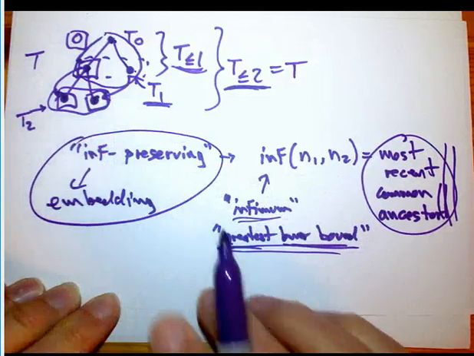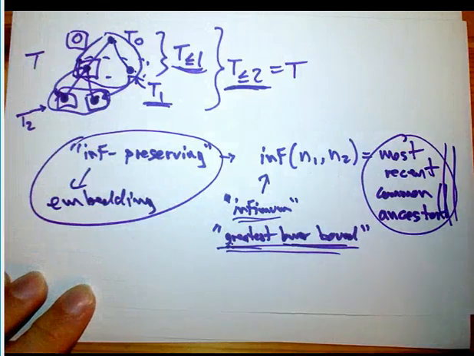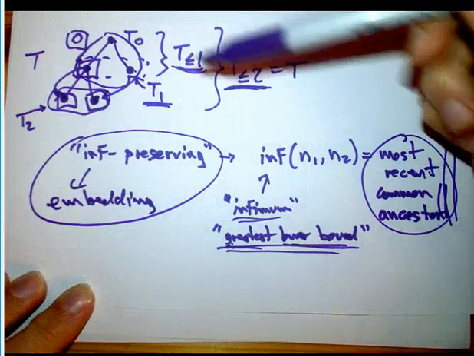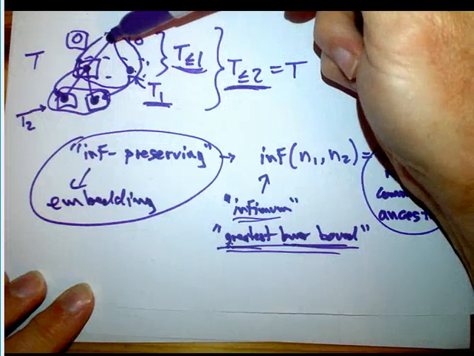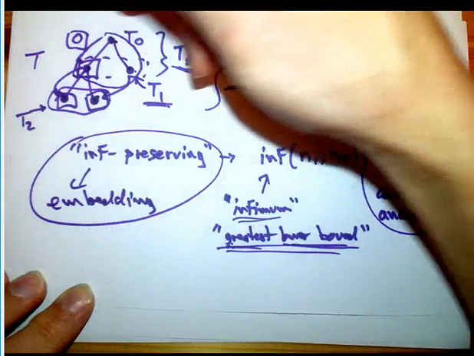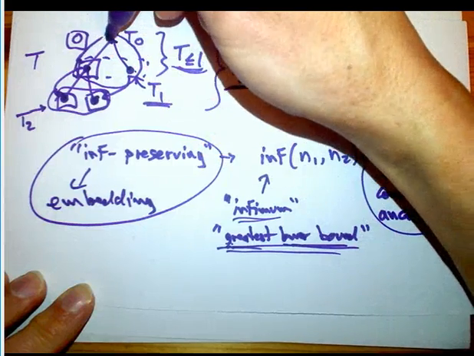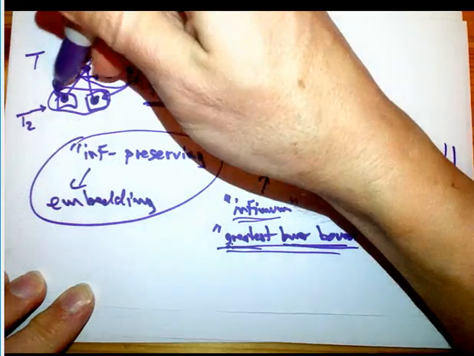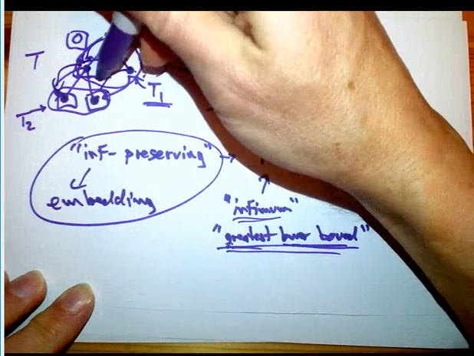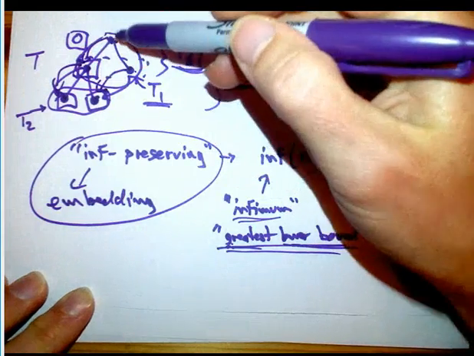Okay. That's the kind of match, remember, that we're really trying to avoid. We better know what it is in order to avoid it. So this has an inf-preserving embedding, a match that we're trying to avoid. If I just map this to this, and this to this, and this to this, then what is it doing?